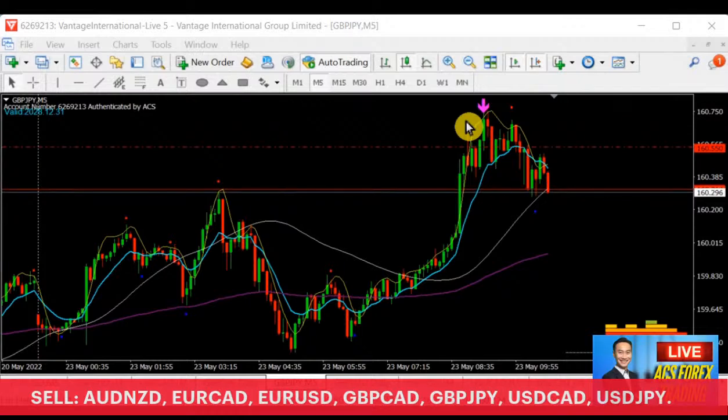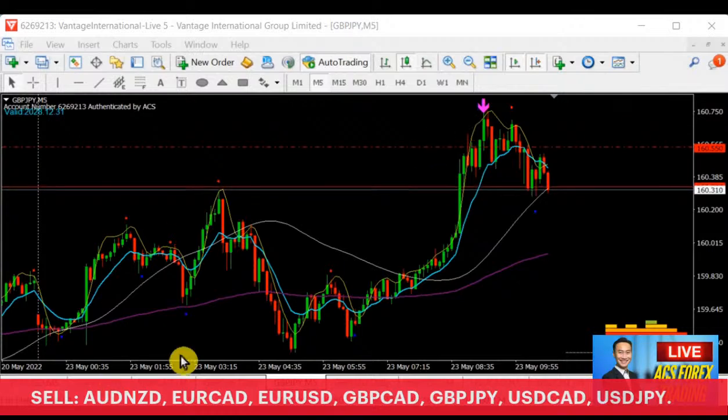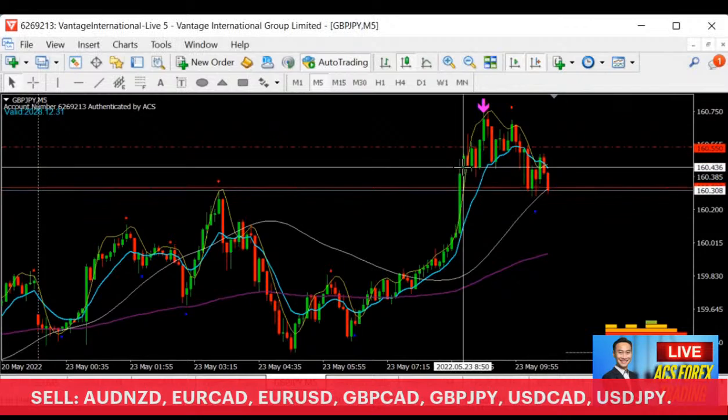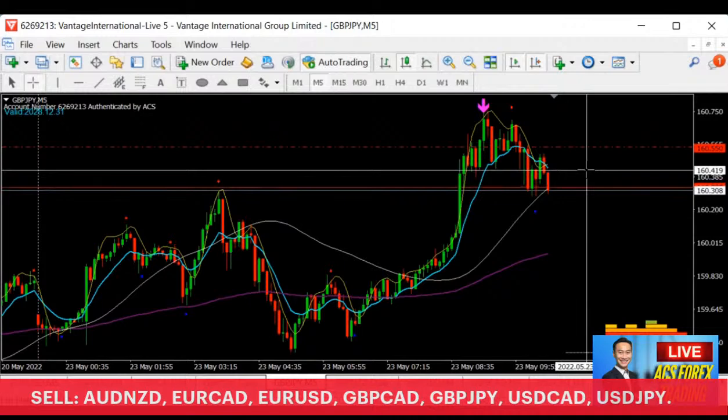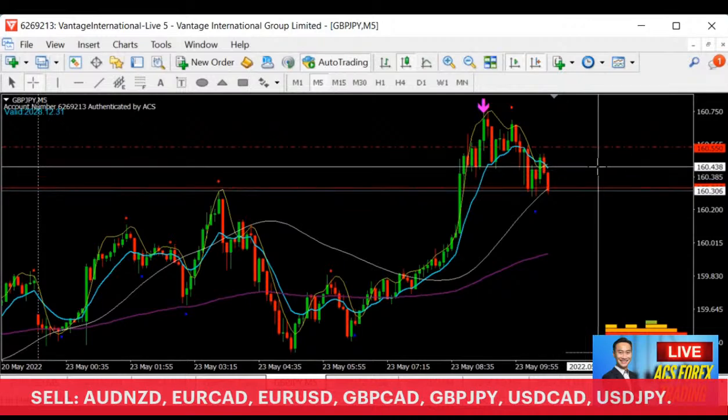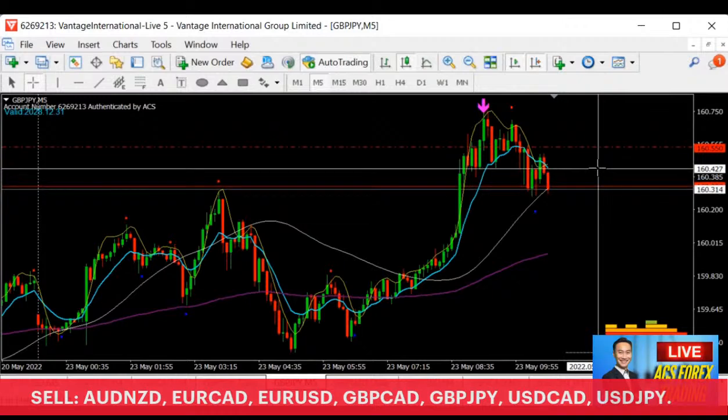Over here, if you can see, I have Aussie Kiwi on my screen right now. Tentatively, I'm waiting for this pound yen to actually, as we can see, there's a support over here. Right now it's actually creating a lower resistance already, but because the space is too tight for me, I won't be going in for any trade right now.